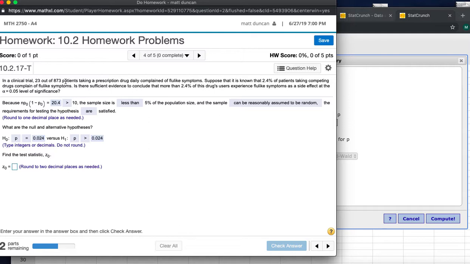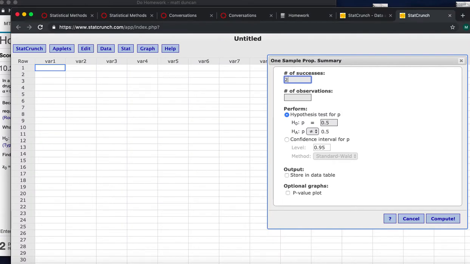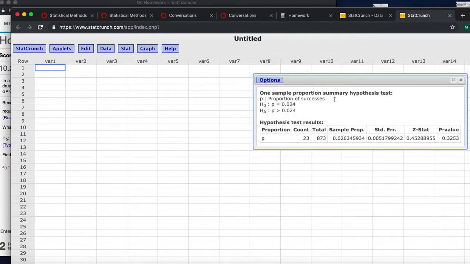It looks like 23 out of 873. Our null, we already said, is 0.024, and we said our alternative is greater than. Notice it's in the same spot where the confidence interval is computed, except we're doing hypothesis testing. And notice we're doing a p, because it's a proportion. Then we're going to get all the information we need from here.